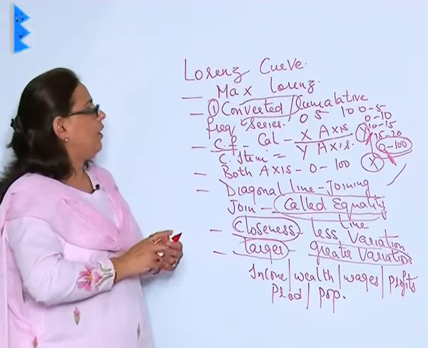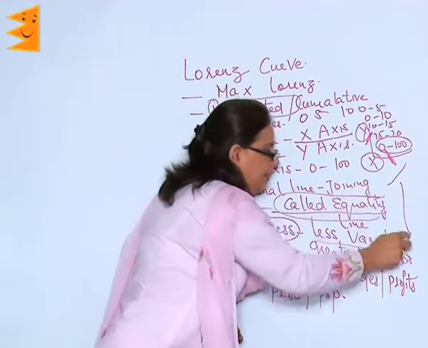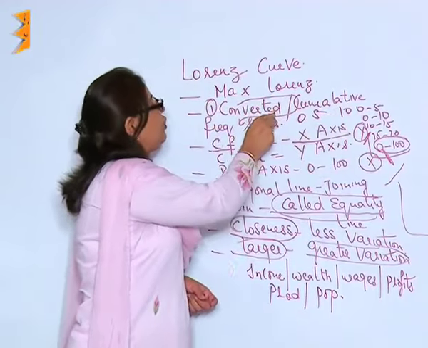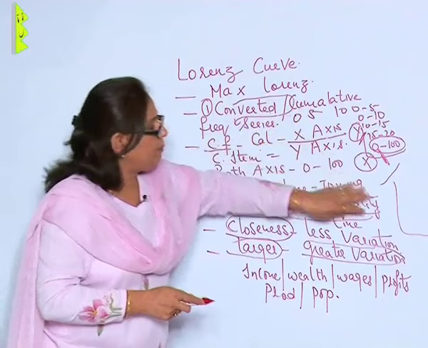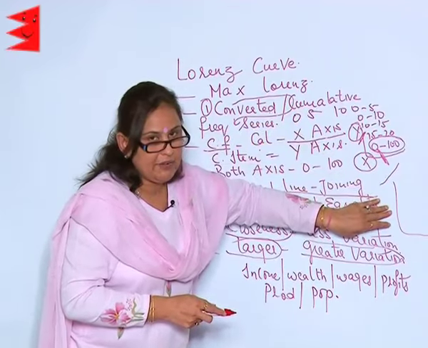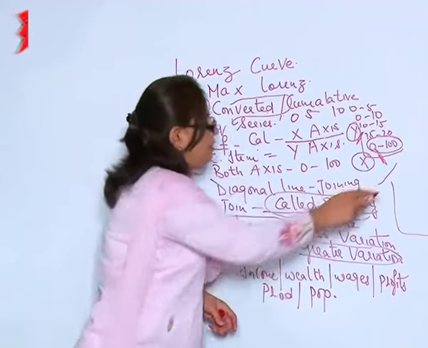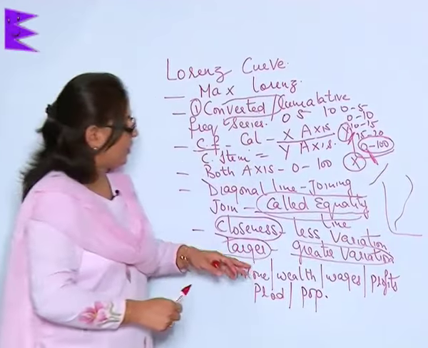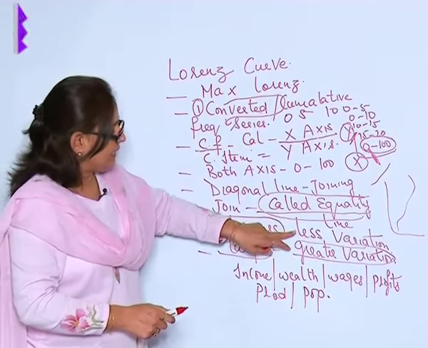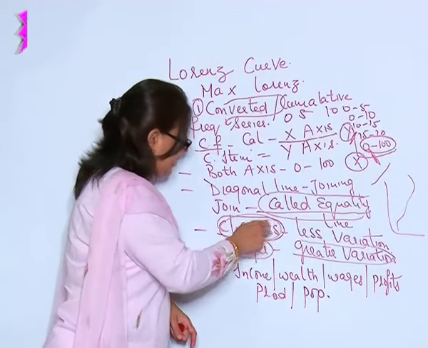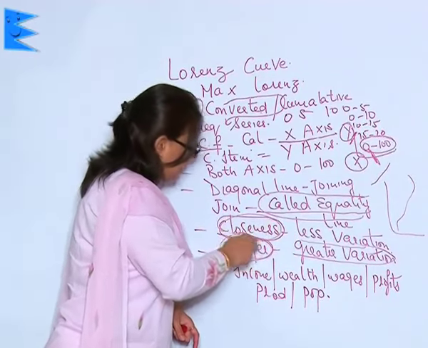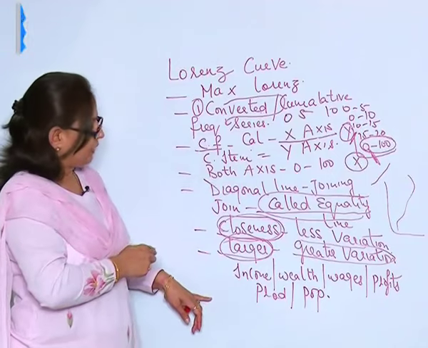Thus, the Lorenz curve deals with the cumulative frequency plotted on x and y from 0 to 100 against a diagonal line, which indicates whether there is less or greater variation by the closeness and largeness of the gap on the graph.